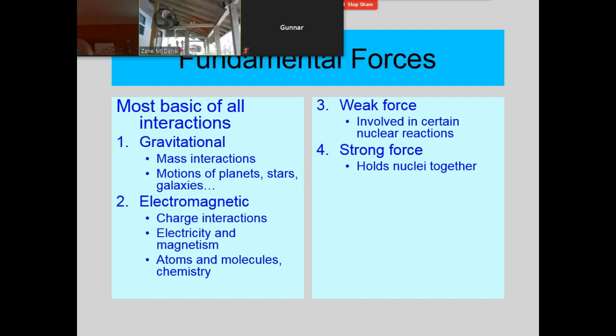The strong nuclear forces, now this really illustrates why they're stronger than electromagnetic. Think about what the nucleus of an atom is. A nucleus is a bunch of protons, positive charges, packed in that nucleus.